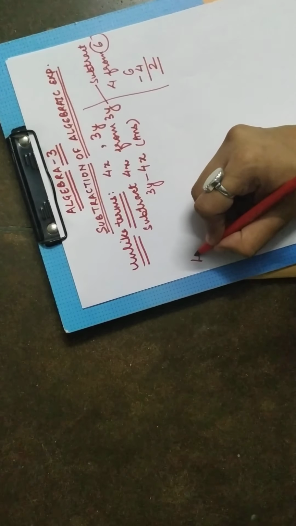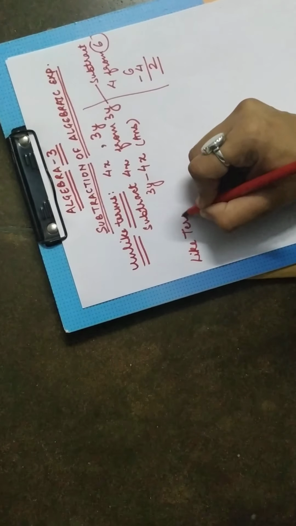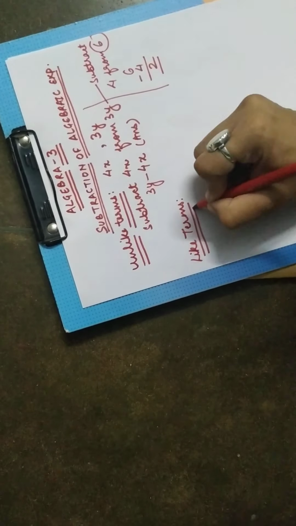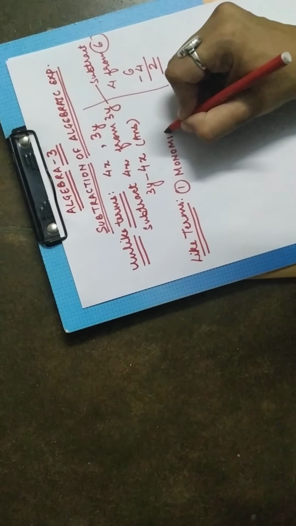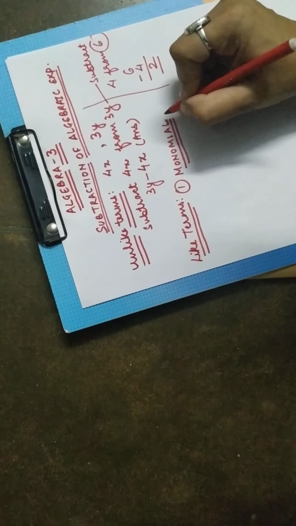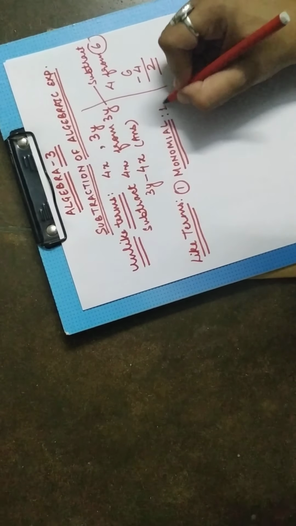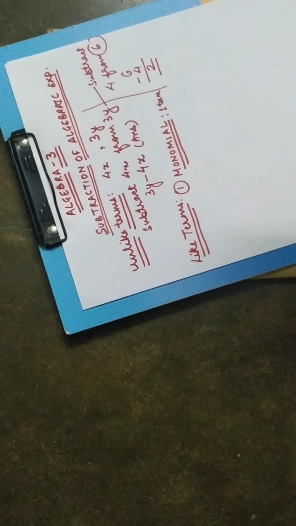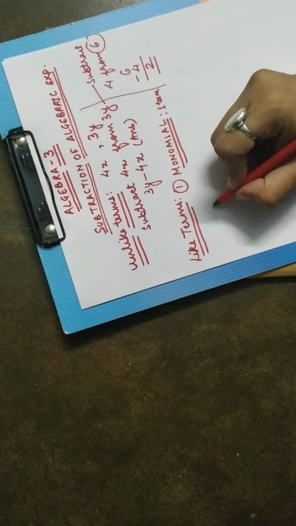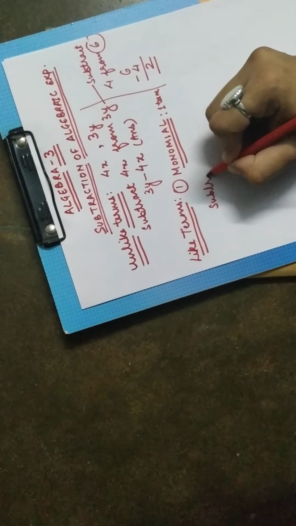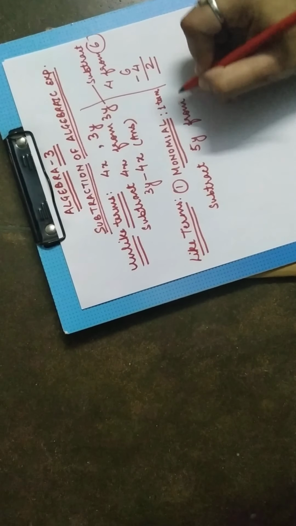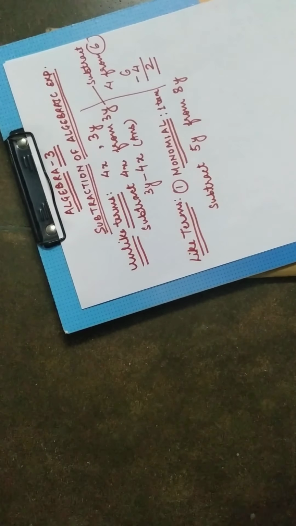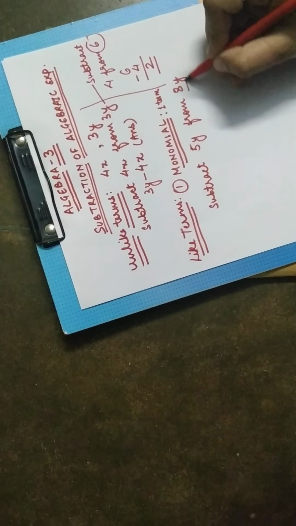Now let us come to the like terms. In like terms you have to go stepwise. The first one which we will consider is monomial. I hope you remember monomials. Monomials are the expressions which have only one term. Now, if I say subtract 5y from 8y, what term will be written first? 8y will be written first.